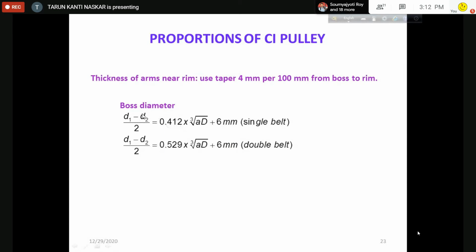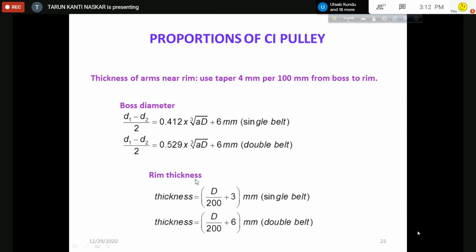Now boss diameter. This is the boss diameter. That means considering it as hollow cylinder, boss diameter for single belt, for double belt. Rim thickness. This is the rim thickness. These are all empirical relations.